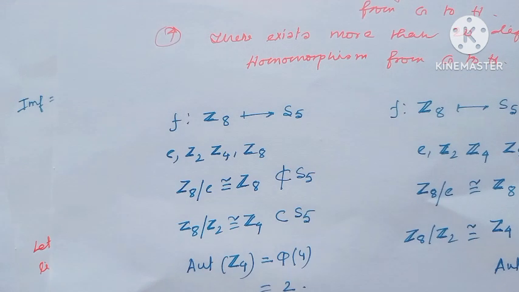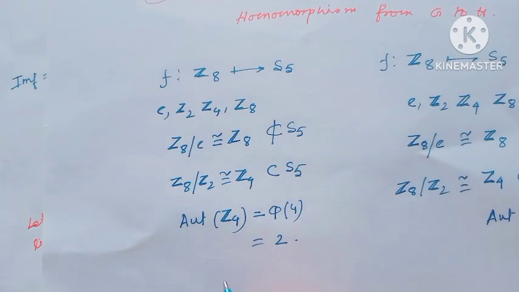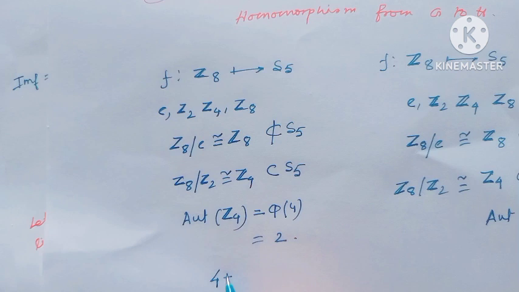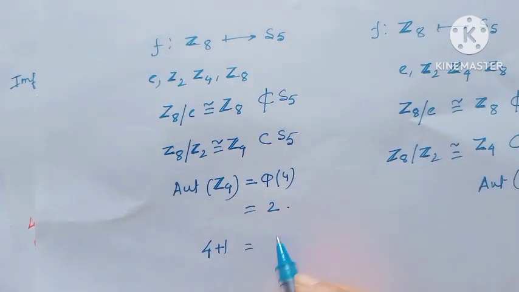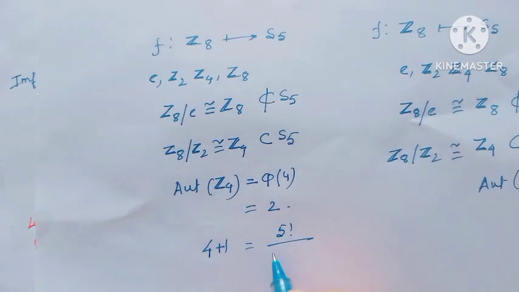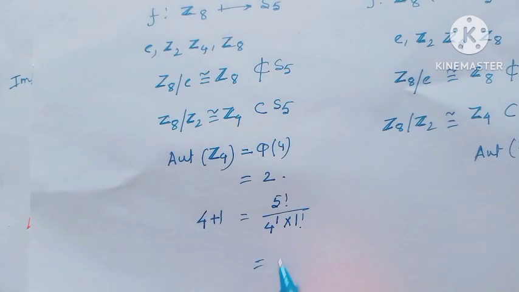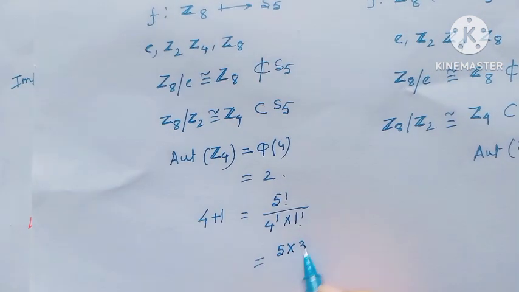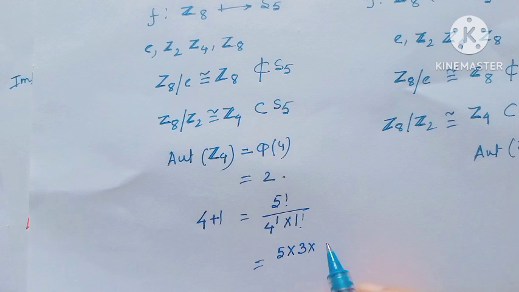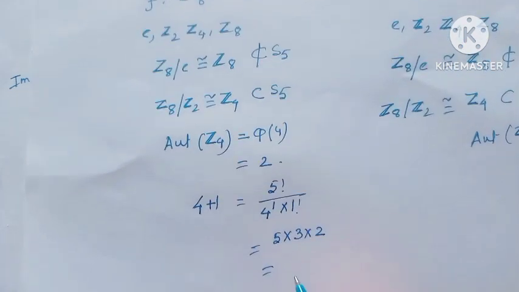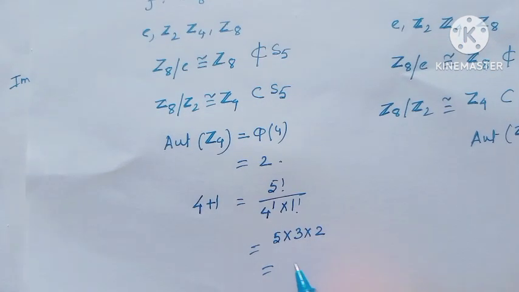And how many subgroups of Z4 type are in S5? This is the partition of type 4 plus 1, and this is equal to 5 factorial over 4 to the power 1 times 1 factorial. This would be 5 into 3 into 2, which is 30.